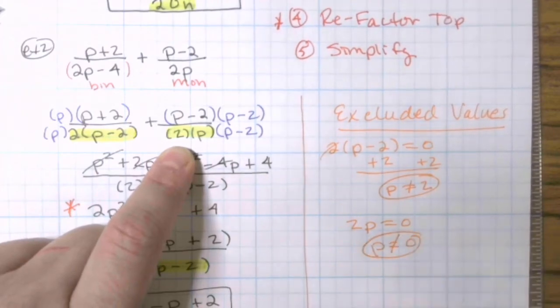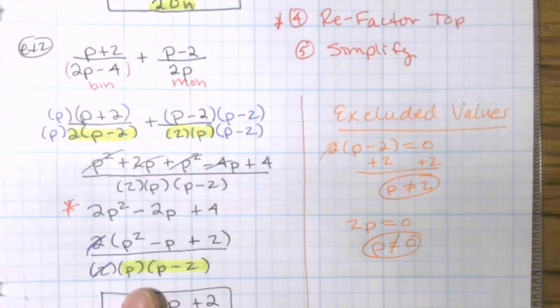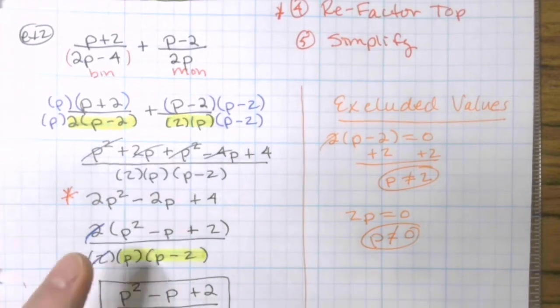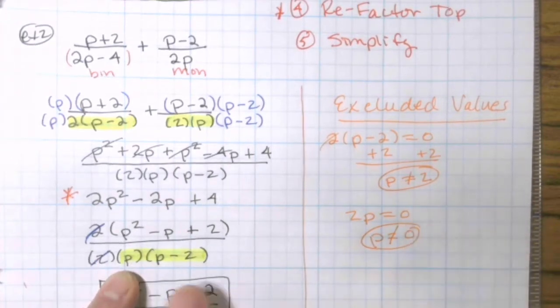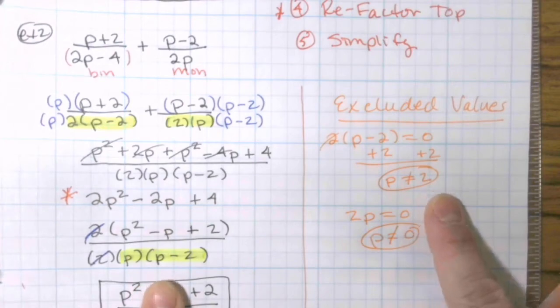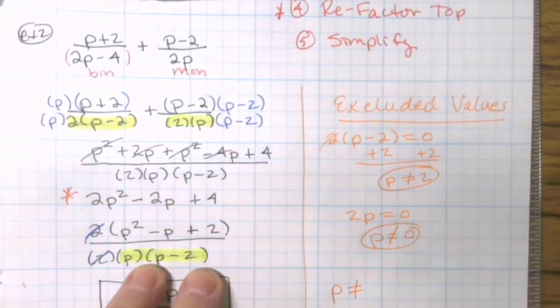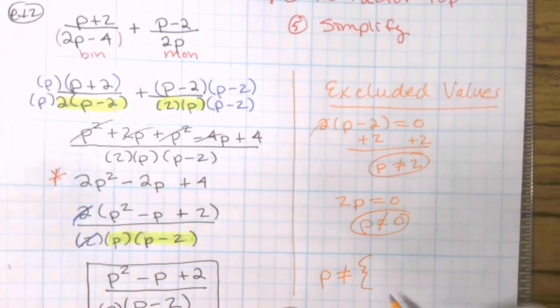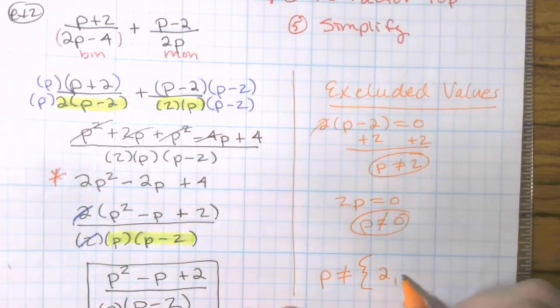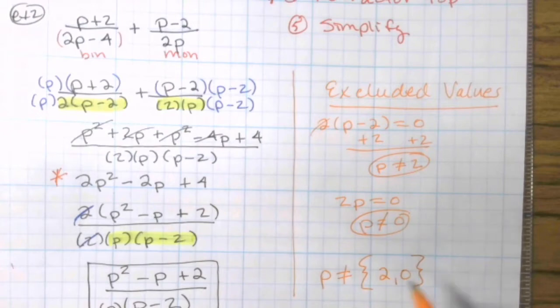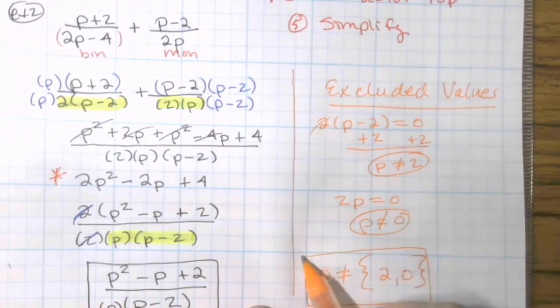That's another excluded value. And then looking at their combination here, p is 0, which I already have, and I already have a positive 2. So this didn't add anything new, so the only excluded values are p can't be equal to 2 or 0. Those are your excluded values.